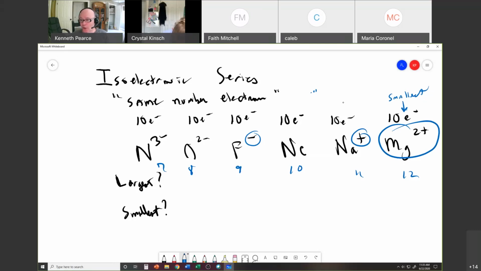It has 12 protons and 10 electrons. What's going to be your largest is the one where the electrons are not held on the tightest. Nitrogen would be your largest because it has 10 electrons but is held on with only 7 protons. Your magnesium is smallest because it has 10 electrons held on with 12 protons.